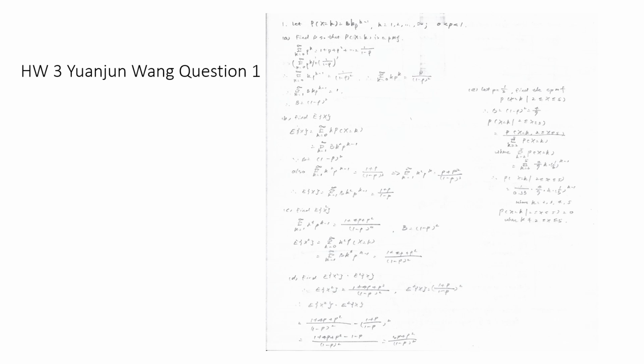And then we know that the probability of X equals k given X from 2 to 5 is just equal to the probability of X equals k over the summation from k from 2 to 5 of the probability of X equals k.